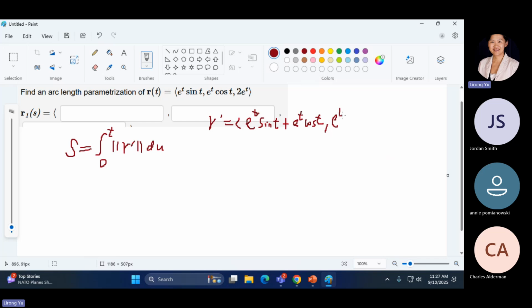You do e to the t, the derivative of e to the t is e to the t, multiplied by cosine t, and then plus, keep the e to the t, find the derivative of cosine t, which is negative sine t, so that is negative e to the t sine t. And lastly, we find the derivative of 2e to the t, which is still going to be 2e to the t.